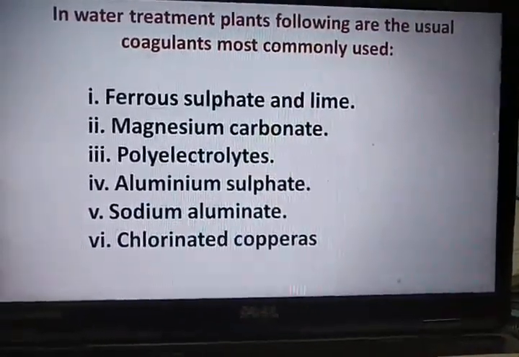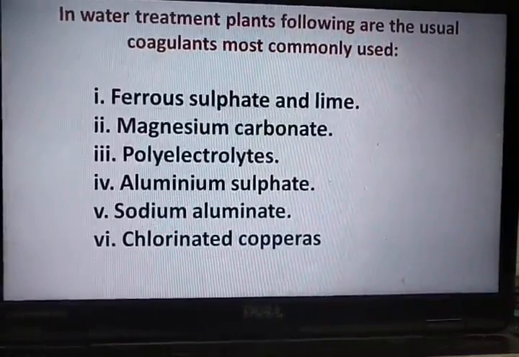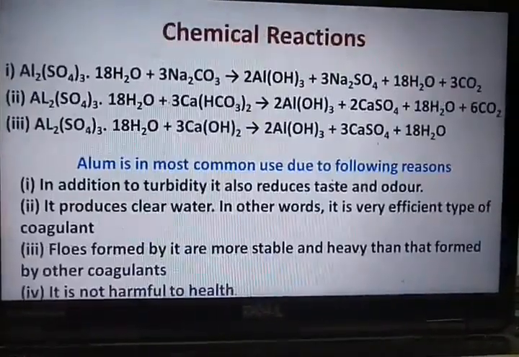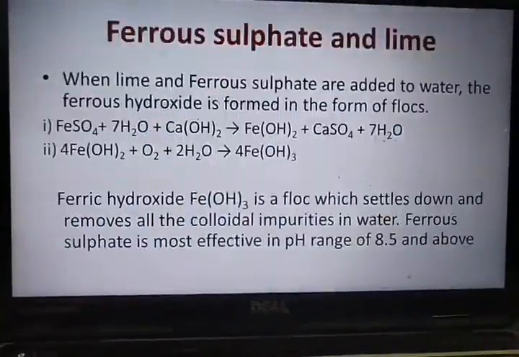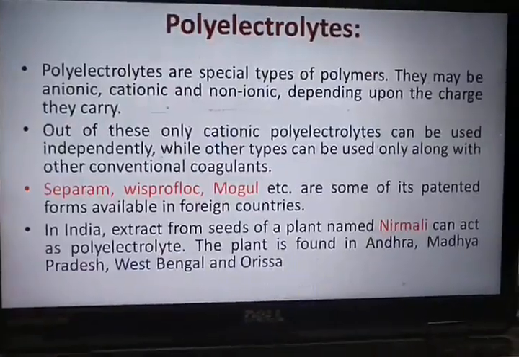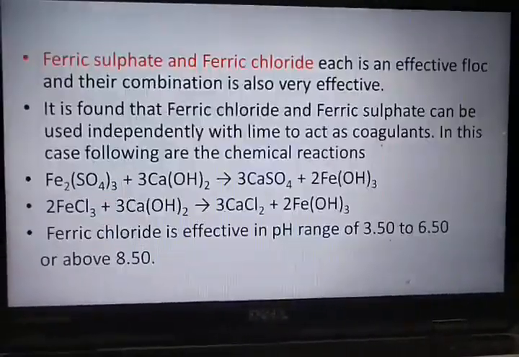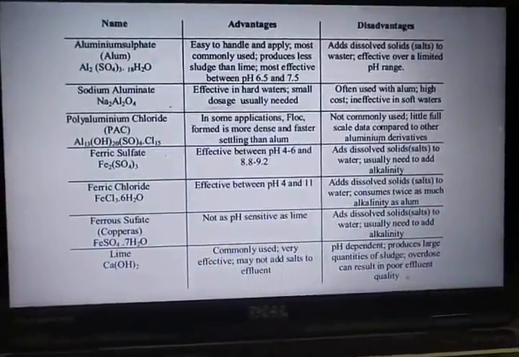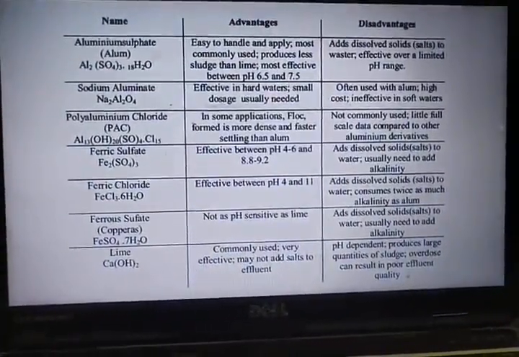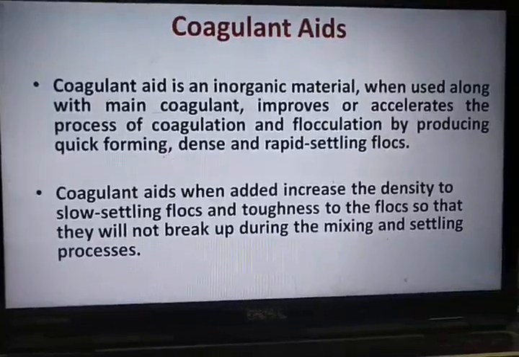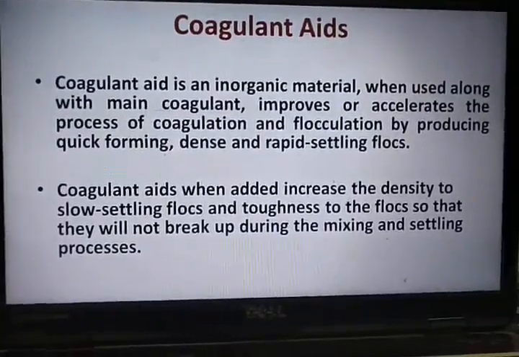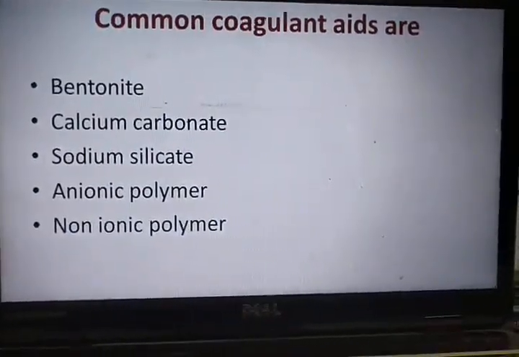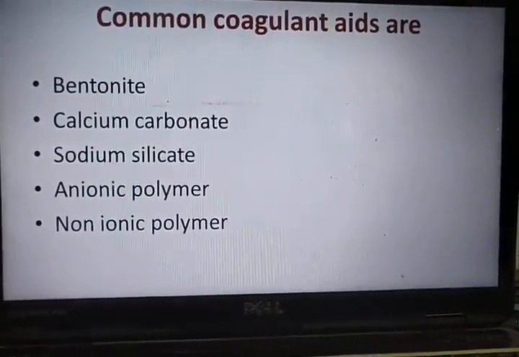Then different types of coagulants and their suitability, some of the chemical reactions and advantages of alum and ferrous salt, and finally the comparison between different coagulants based on their suitability, then the coagulating aids like bentonite clay, sodium silicate, calcium carbonate and polymers.